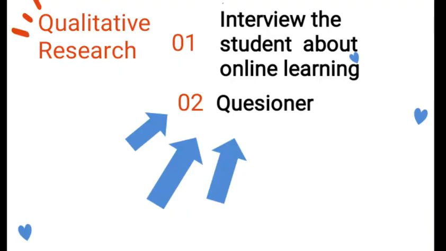Okay, I want to tell you about the type of my research. The type of my research is qualitative research. In my research, I interviewed some students and asked them to answer my questions such as, do you like the online learning system, or how do you feel about the online learning system during the pandemic, and the others.